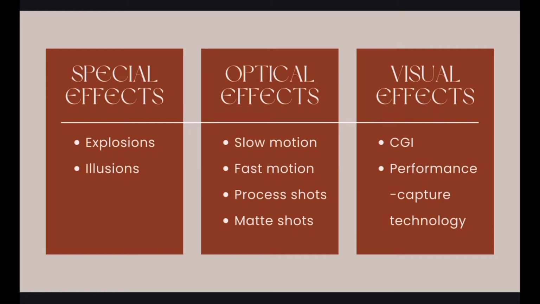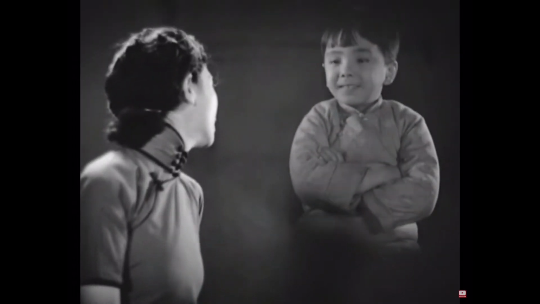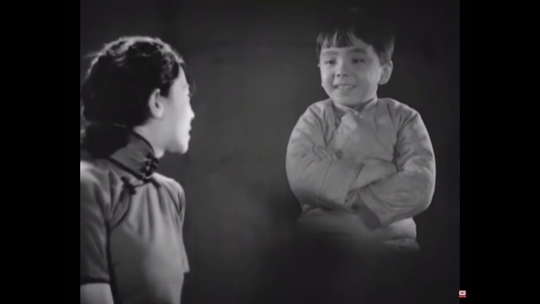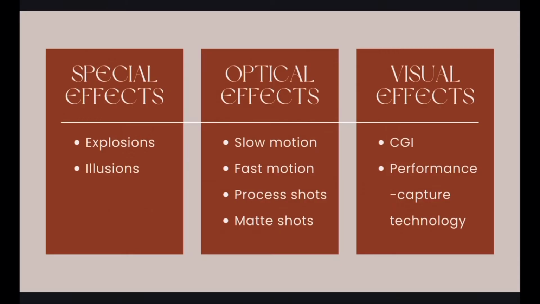Process shots combine two images to create one image, as seen in this example from Goddess. And matte shots place the shot subject in front of an artificial background, which is usually painted.